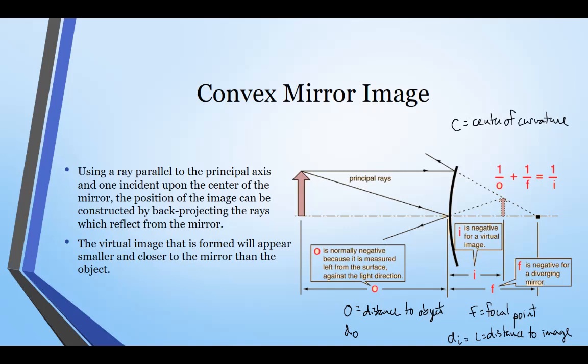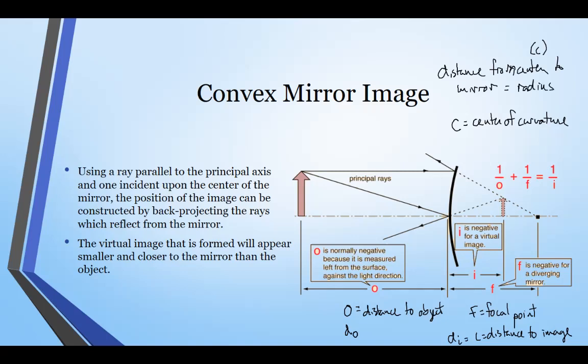The reason this is valuable is that the distance from center to mirror, and when I say center, remember this refers to C, is equal to the radius.